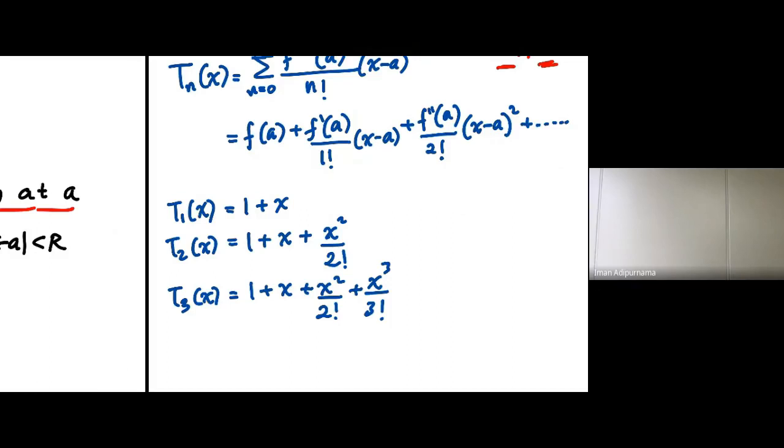So if we look at the conditions for convergence, the function is the limit of the partial sums, right? If you want it to be convergent. If not, then it will be infinite, right?